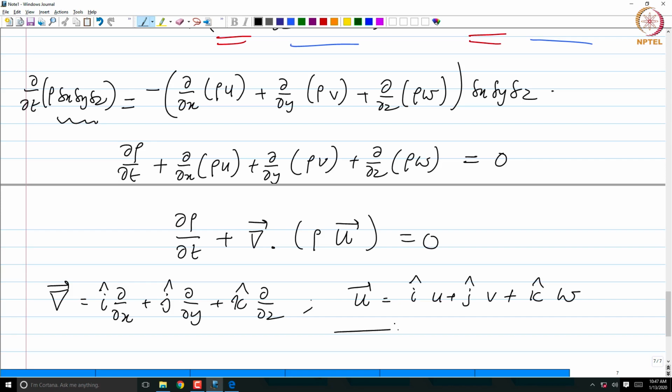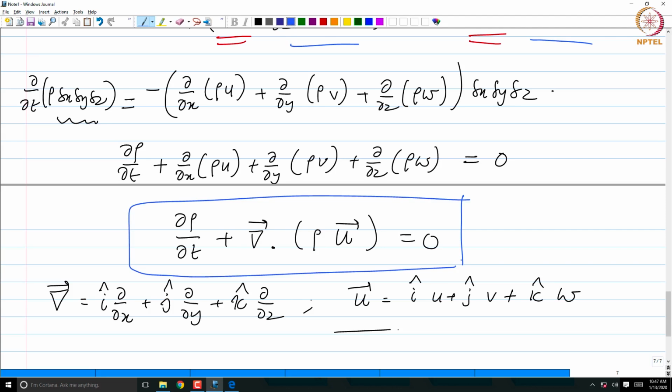So this is nothing but the conservation of mass, the unsteady conservation of mass for a compressible fluid.